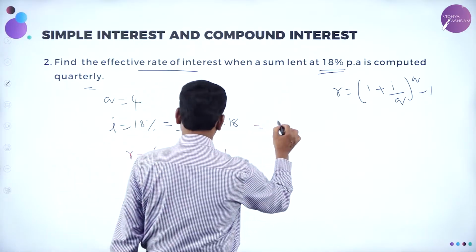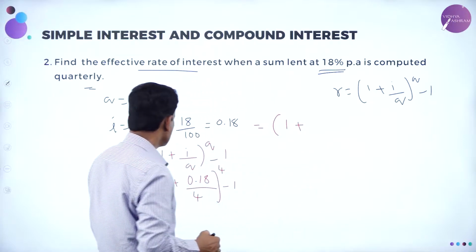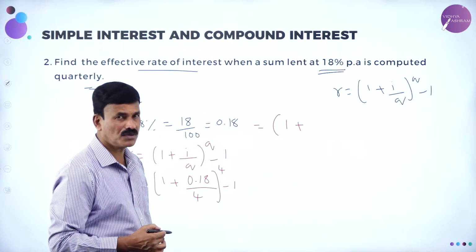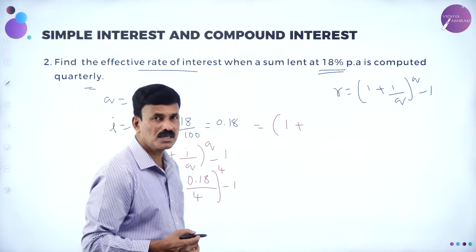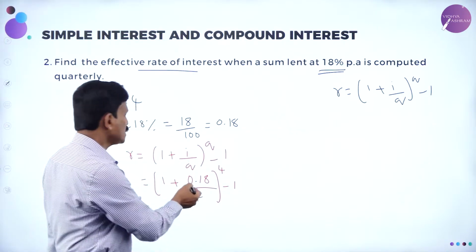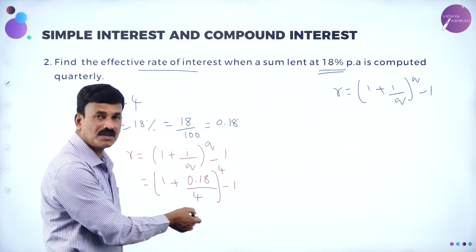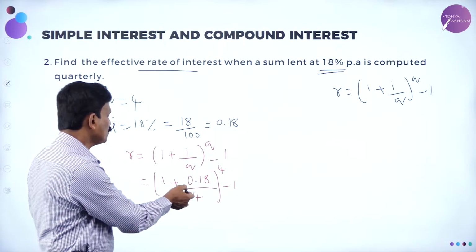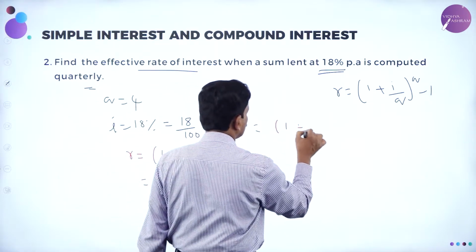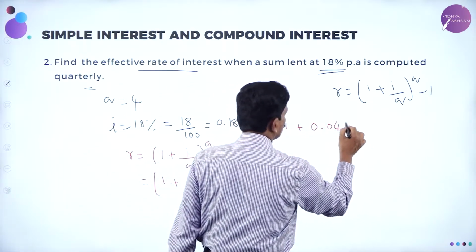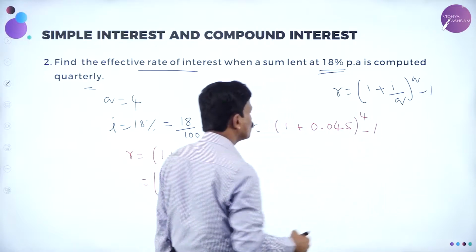So this is equal to (1 plus 0.18 divided by 4) whole to the power of 4, minus 1. Now let us divide 0.18 by 4, which is 0.045. So R is equal to (1 plus 0.045) to the power of 4 minus 1.